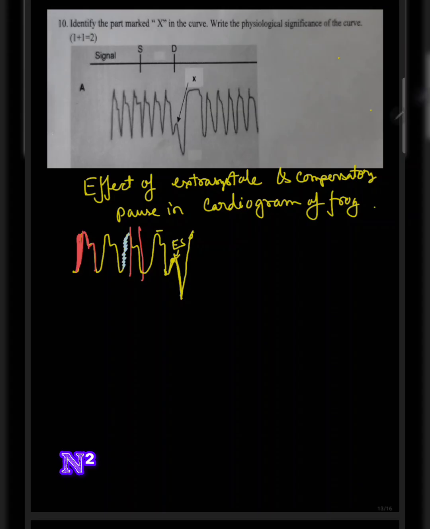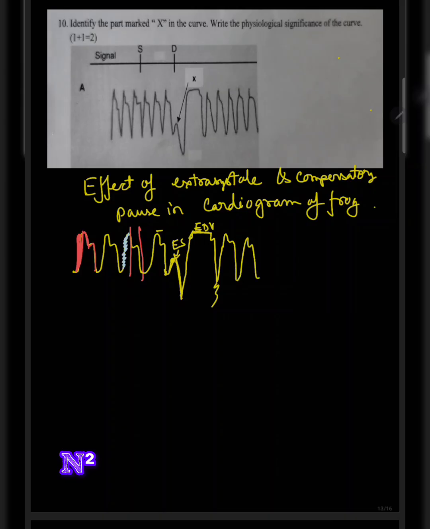So the time will elapse for a few milliseconds, and at this particular time, the volume of blood in the ventricles will keep on increasing, and then it encounters another signal. Okay, so this time around, the normal pacemaker signal comes and it does the normal cardiogram.